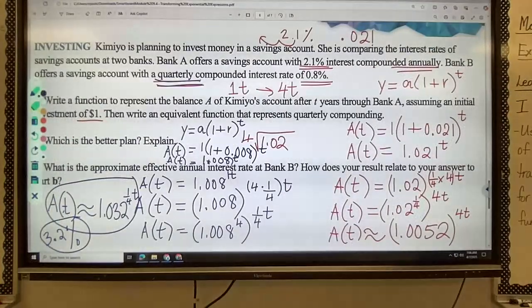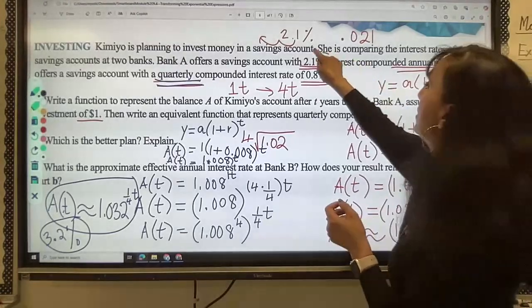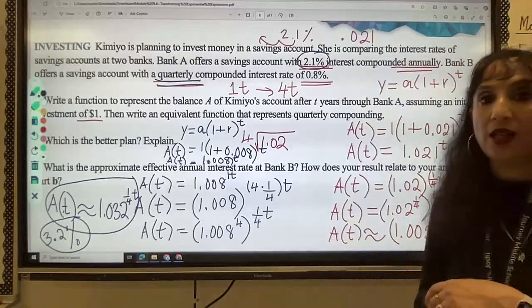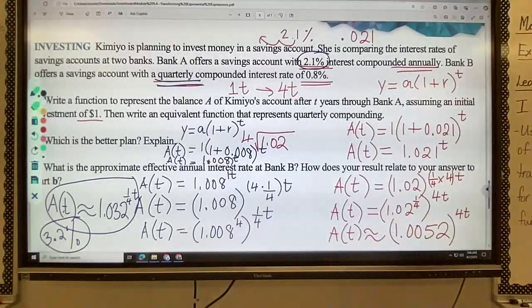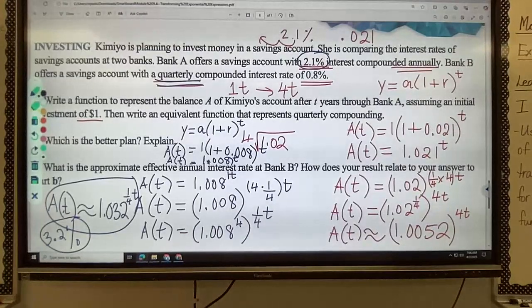Okay, and so we are looking at both of them, and this confirms the result of part B, because 3.2% is greater than the annual interest rate at bank A. We know that bank A had this much, and this one has 3.2%, and so bank B has the better plan.